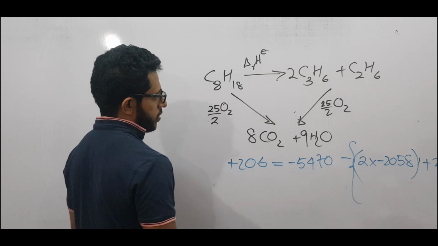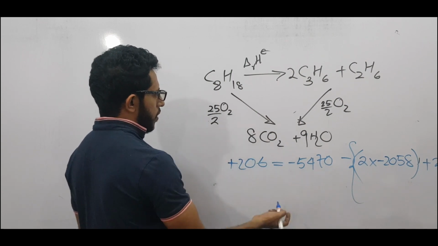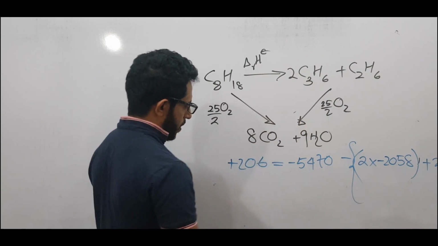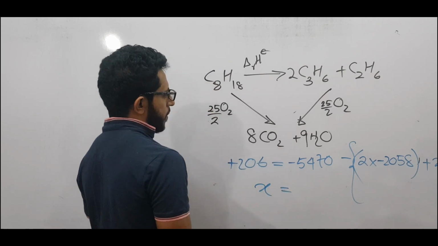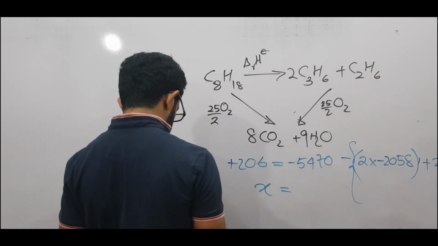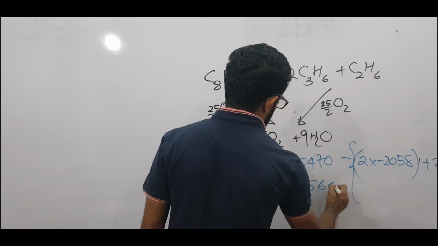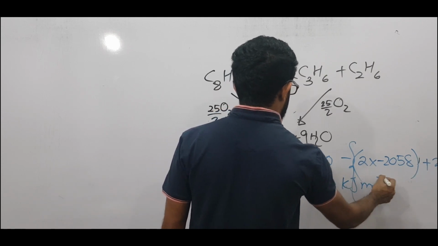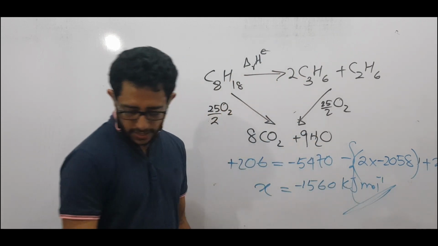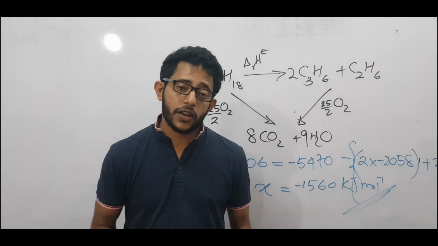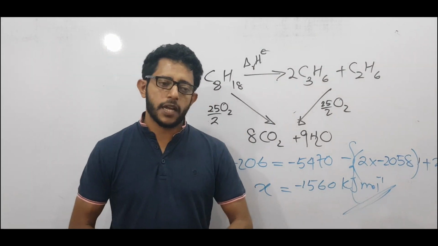Right, that is what we want. I just put it as x. So after this, you can just use the formula as well, especially for the MCQs. So when you subtract this, you can get the x. The x will come as minus 1560 kilojoule per mole. Right, so that's how we do the enthalpy change calculations using the combustion enthalpy data.